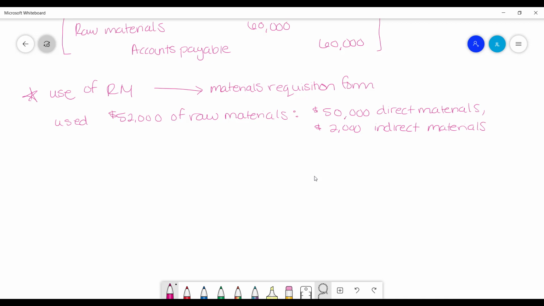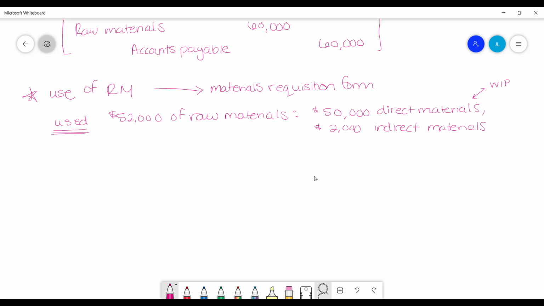Now, direct materials. When you use direct materials in production, if it's going from raw material form and actually into production, those direct materials that you're using are going to be moved out of raw materials into work in process. Okay? And we're actually saying, okay, this is how much I actually use. This is actual raw materials that I am using. So this is a definite amount here.